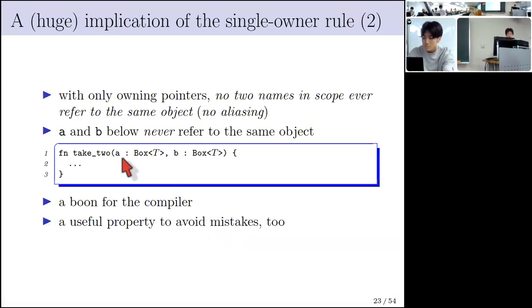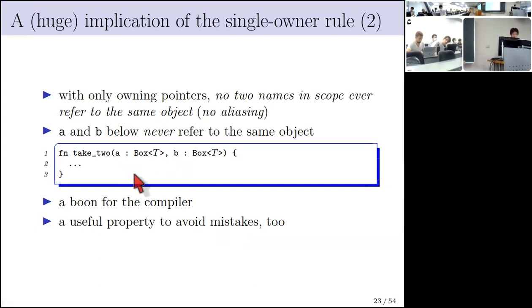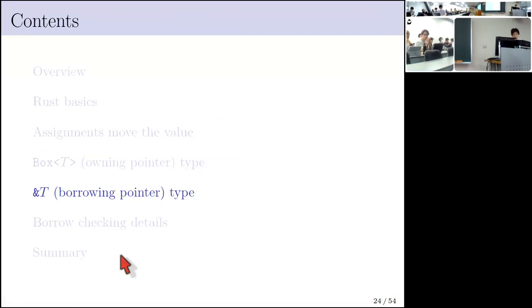Oftentimes, when the programmer is given two pointers through two different variables, the programmer tends to implicitly assume these are two different things, and you somehow forget about taking care of a corner case in which these two data structures are actually the same. So these are a couple of important implications of this single owning pointer rule.